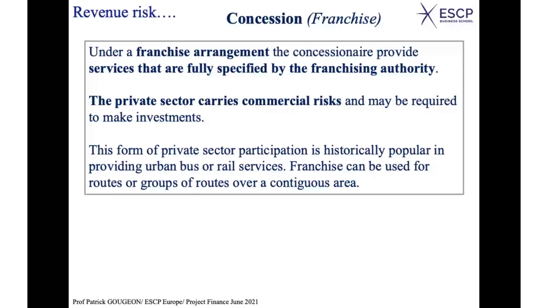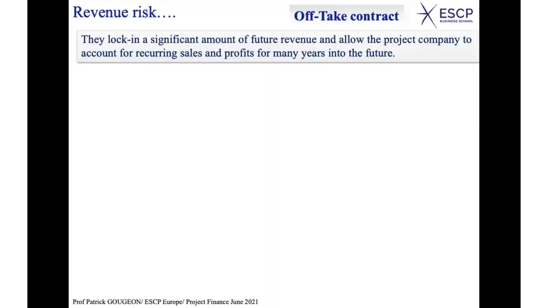So, how to deal with the revenue risk? I will describe what we call an offtake contract. An offtake contract is a contract that stipulates how much the public client will buy and under which price conditions.